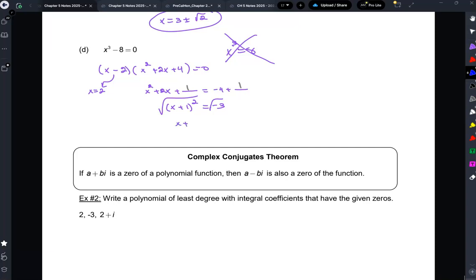X plus 1 is plus or minus i root 3, so x is negative 1 plus or minus i root 3. Look at that. 3 solutions, right? So now I have one real rational and 2 complex.